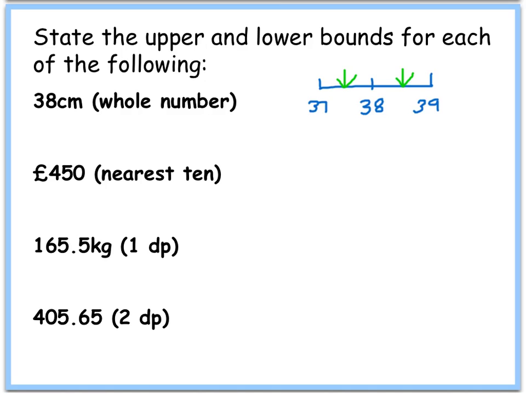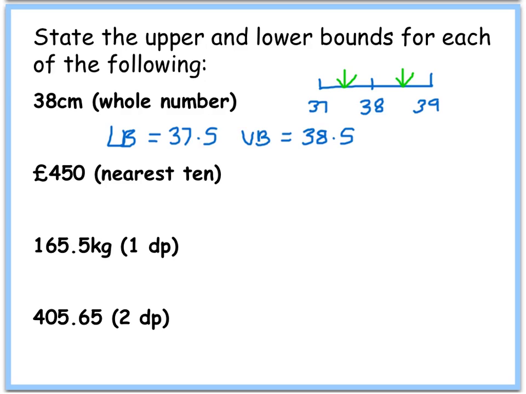The lower bound would be halfway between 37 and 38, which would be 37.5, and the upper bound would be halfway between 38 and 39, which is 38.5.